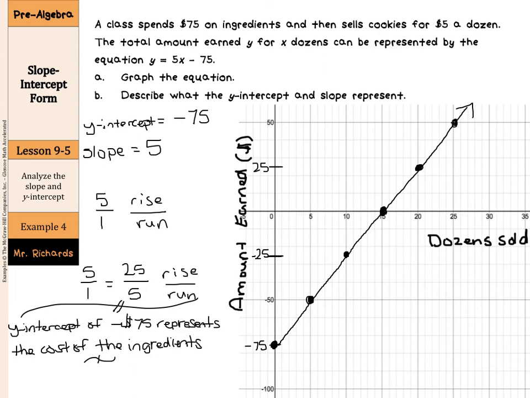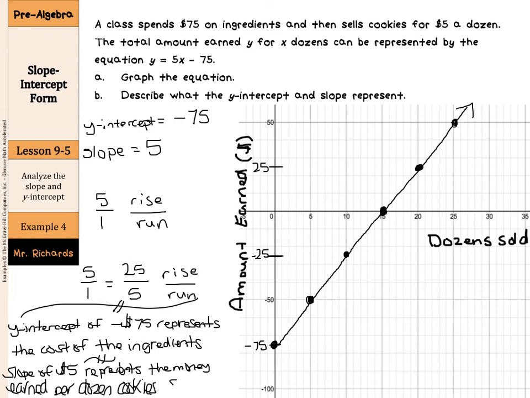And what about the slope? Well, our slope was 5, so the slope of $5 represents the money earned per dozen cookies sold.